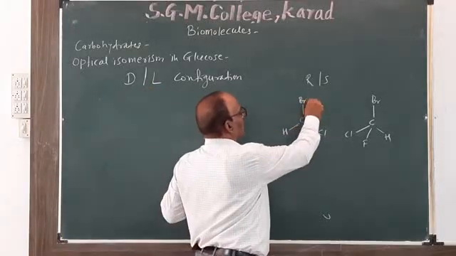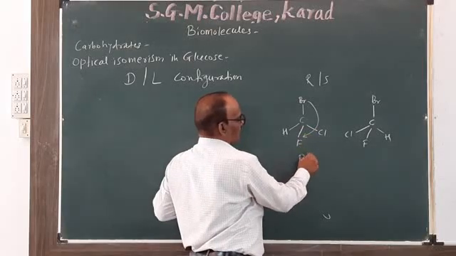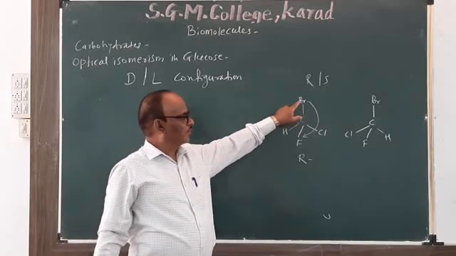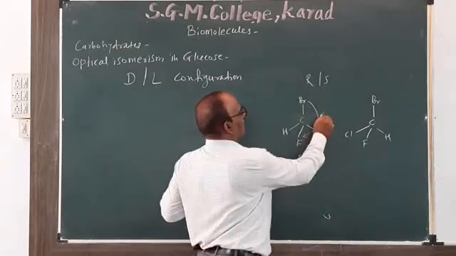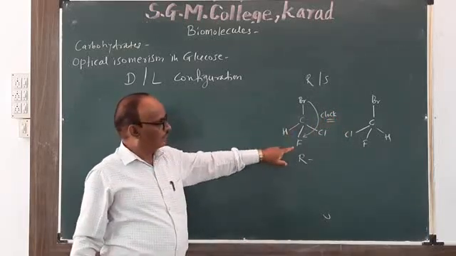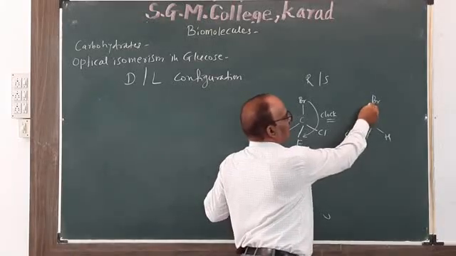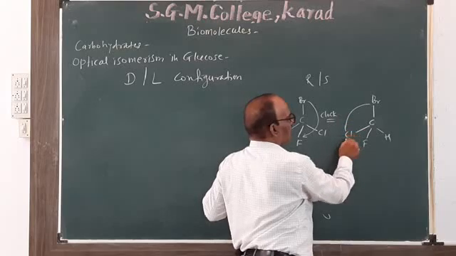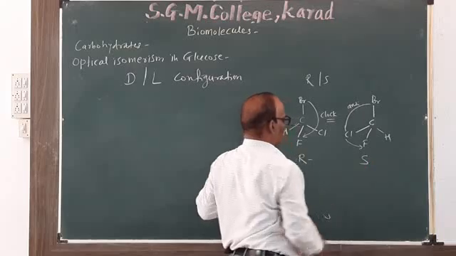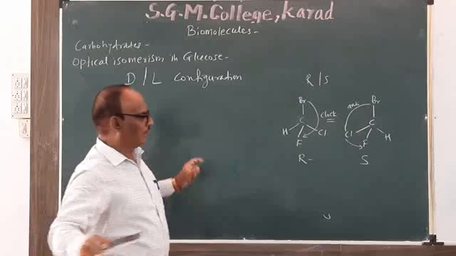When the priority goes on decreasing clockwise, then this configuration is called R configuration. In the second structure, bromine has the highest priority, then chlorine, and the rotation is anti-clockwise. This type of configuration is called S configuration. We already studied this point in a previous topic.